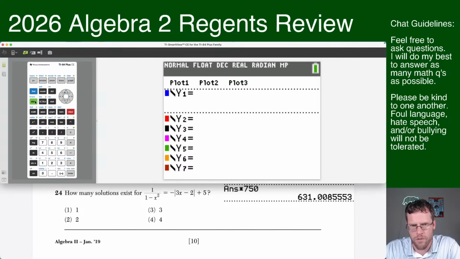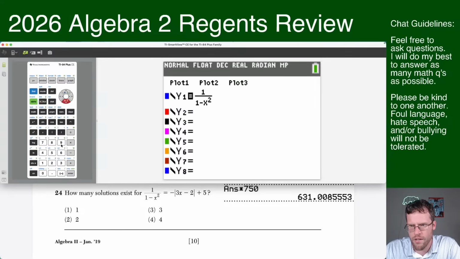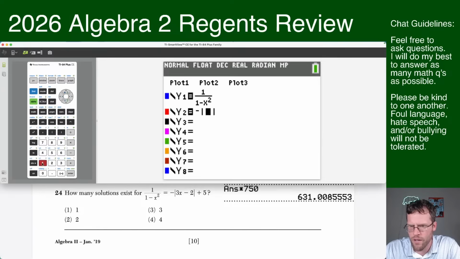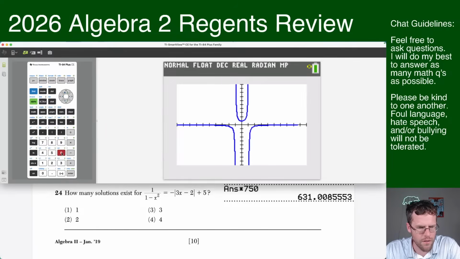To make a fraction, you can press alpha x or alpha y equals enter. And you have 1 over 1 minus x squared. And now on the right side, negative, math, go to the right, absolute value 3x minus 2, and then plus 5. Okay, zoom 6.